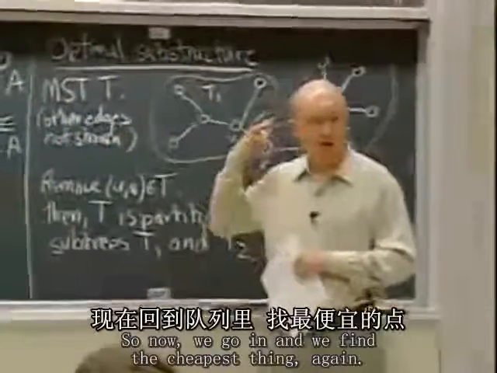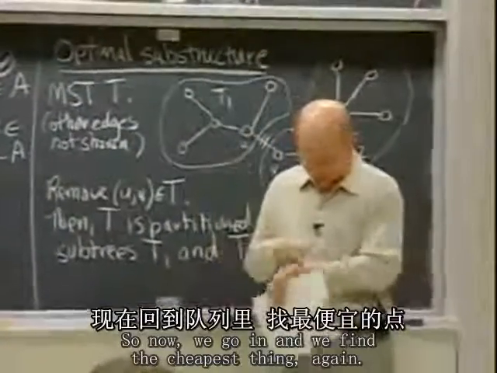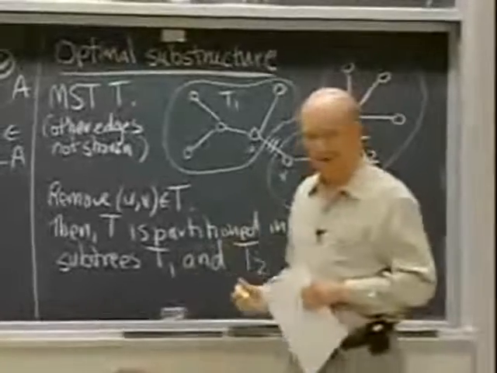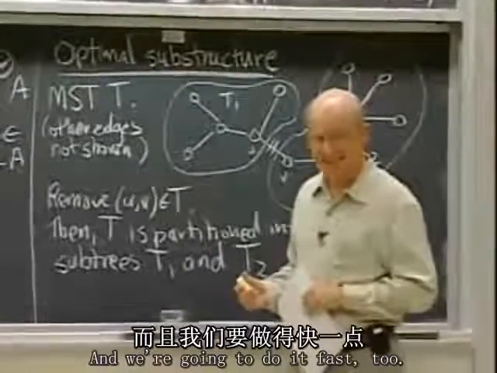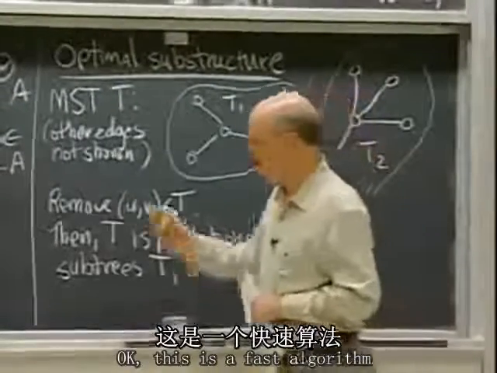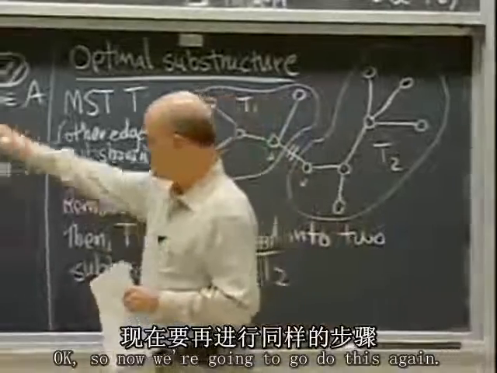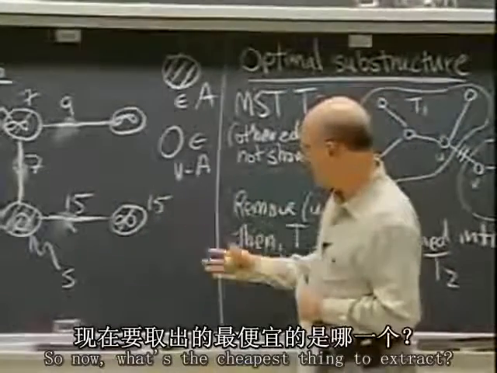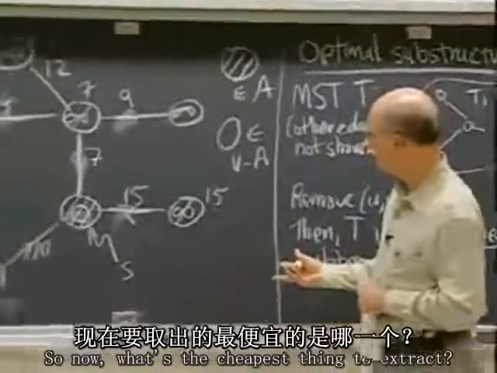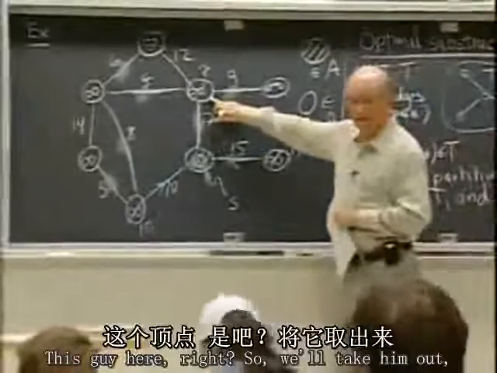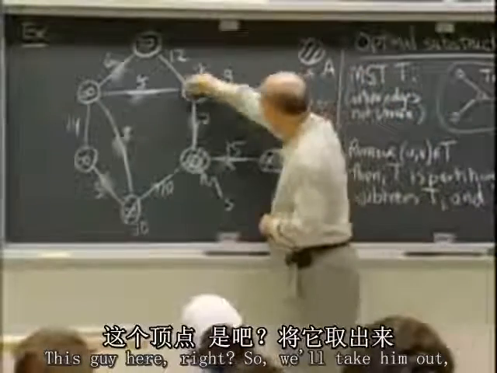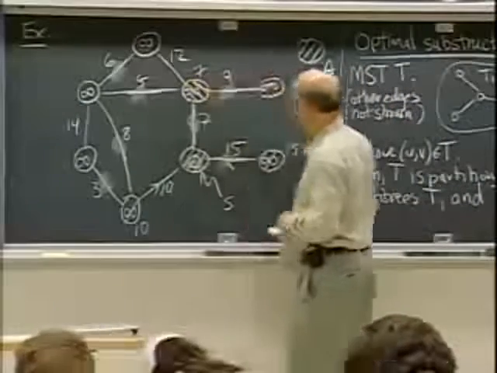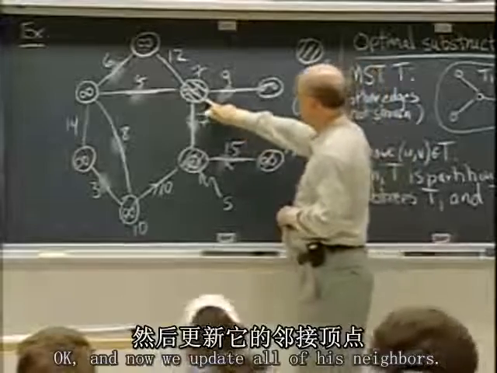So now we go in and we find the cheapest thing again. And we're going to do it fast, too. This is a fast algorithm. So now we're going to do this again. What's the cheapest thing to extract? This guy here, right? So we'll take him out. And now we update all his neighbors.